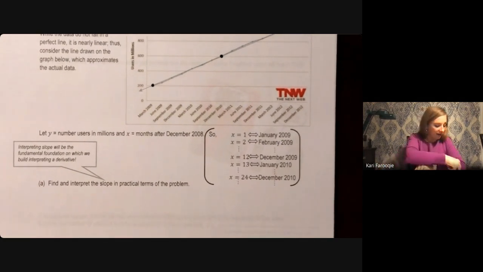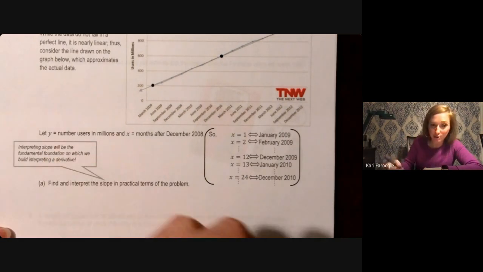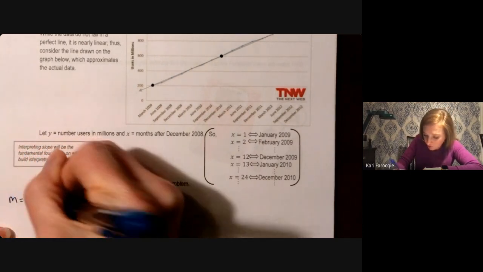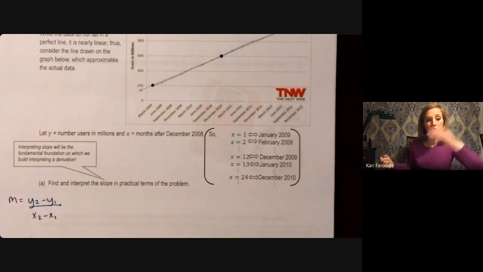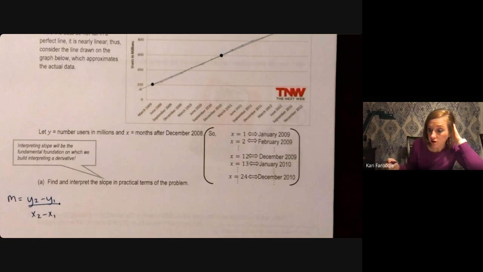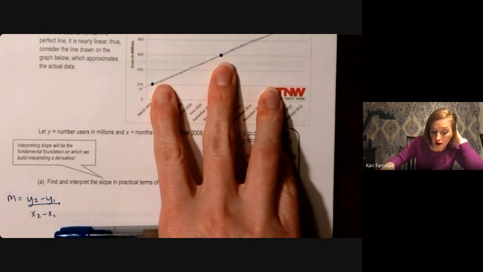In order to do that, remember that to find a slope, I need 2 points. I'm going to remind you of that slope formula. So we need y sub 2 minus y sub 1, so the change in y over the change in x. In order to get values for these coordinates, I need to actually just figure out what these correspond to on our graph.